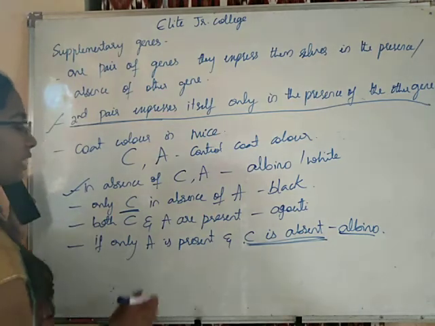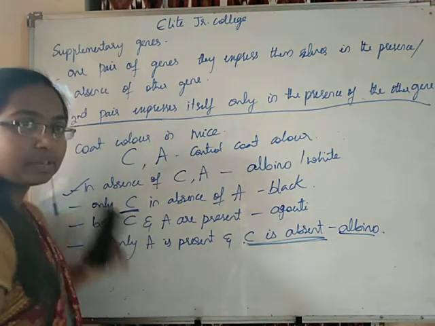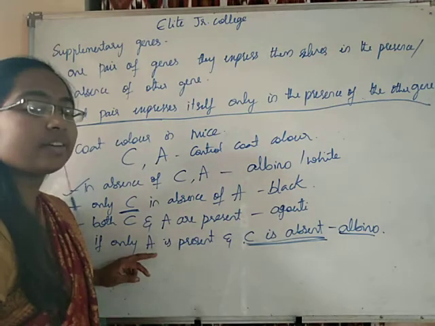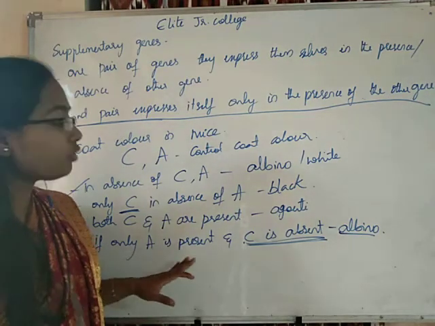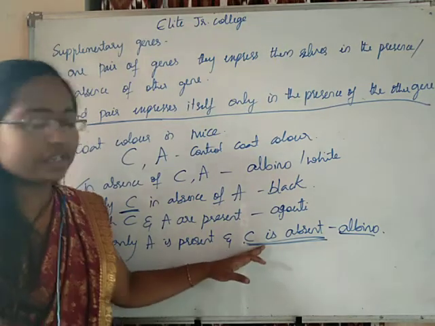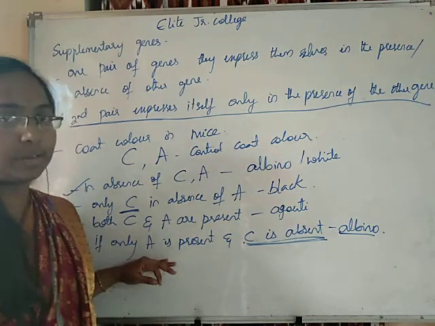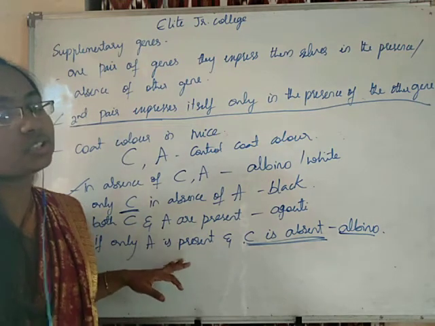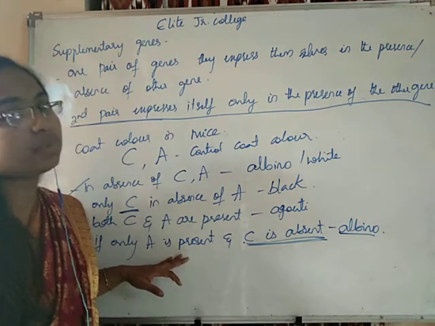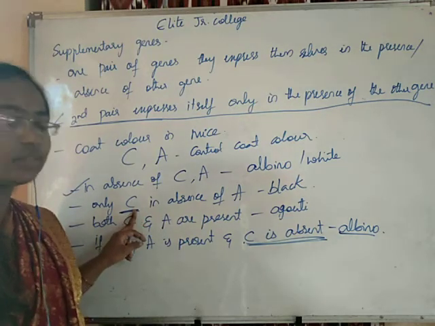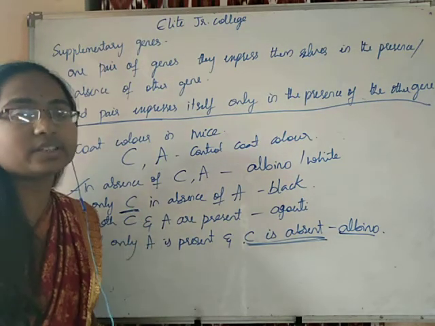That means C is the allele which expresses itself even in the absence of A, but A is the allele which expresses itself only in the presence of the C allele. C can express itself singly, but A does not express itself singly.